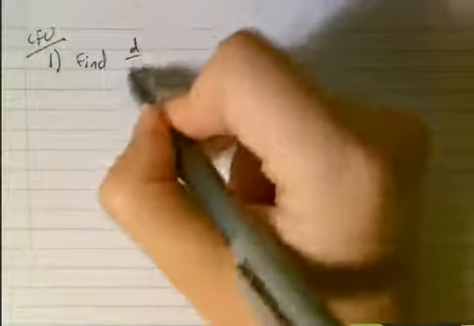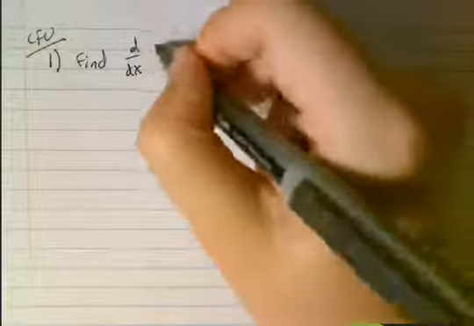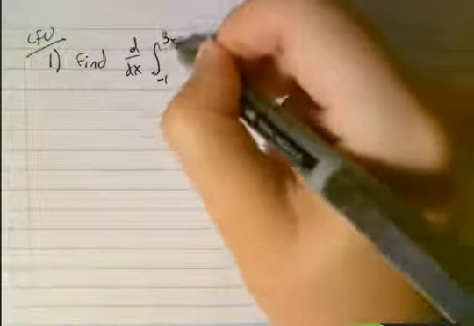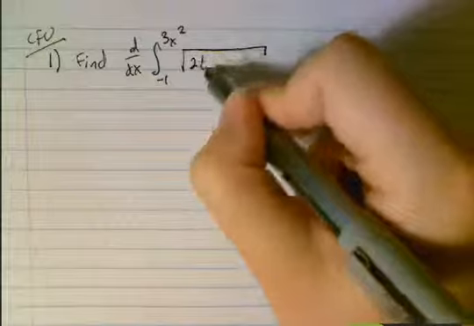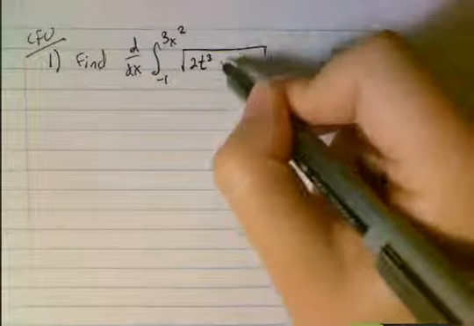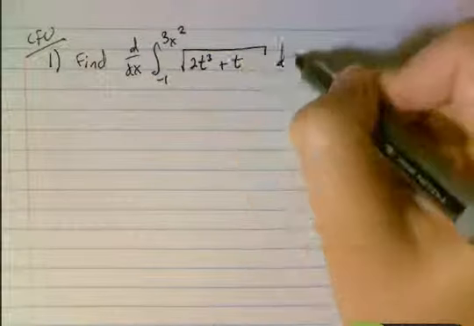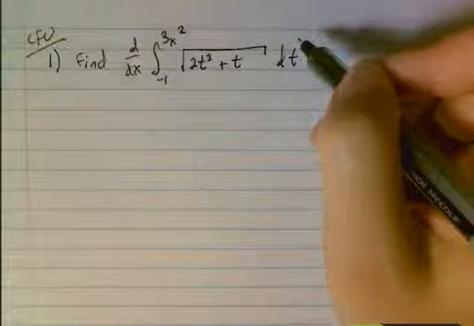Let's give you a check for understanding problem, and then we'll be all done. Find the derivative with respect to x of the integral from -1 to 3x squared of the square root of 2t cubed plus t, with respect to t.